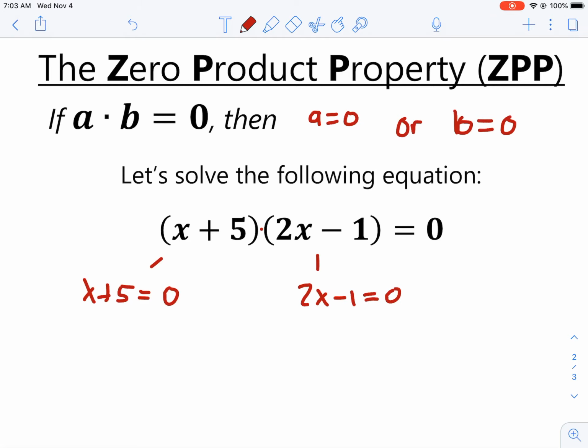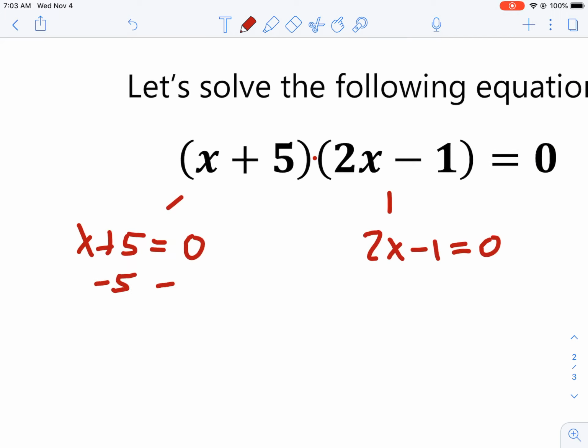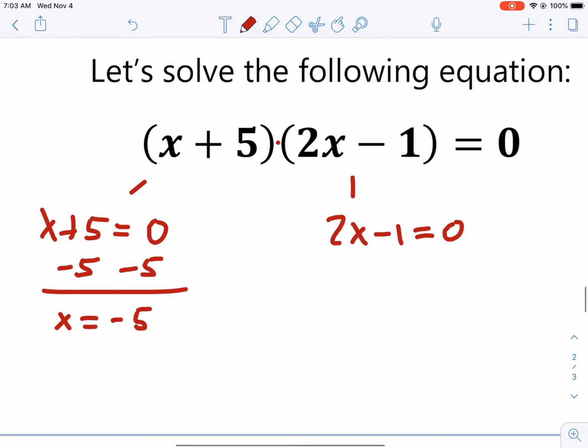And so you can set up these two mini equations and solve them, and you could actually get the zeros. Remember we did this with the quadratic formula. This is another way to get the zeros, by factoring.